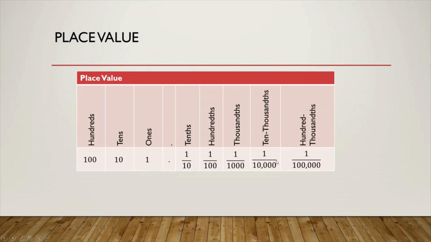These are in fractions. Again, I'm just showing you this so that you can kind of see the pattern. So you have tenths, hundredths, thousandths, 10,000ths, 100,000ths. So again, the determining mark of those larger than one or less than one is the decimal.